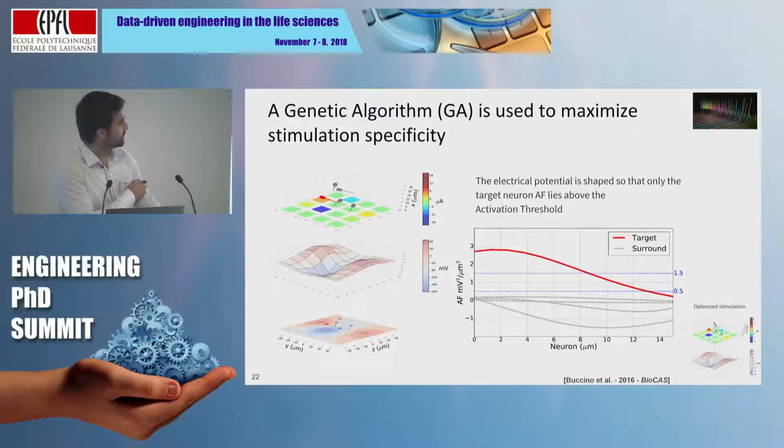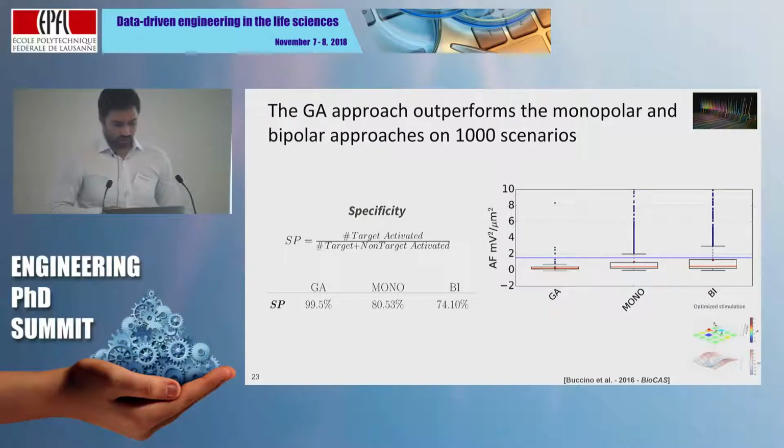And we can see how these different currents in the multi-electrode array shape the extracellular potential so that only the target neuron here in red has an activation function above a certain threshold, while all the others are safely below. So we tried 1,000 different scenarios with random positioning and direction of the neurons, and very quickly the genetic algorithm approach has a much higher specificity, and it only elicits spurious spikes on non-surrounding neurons in very few cases compared to monopolar and bipolar approaches.